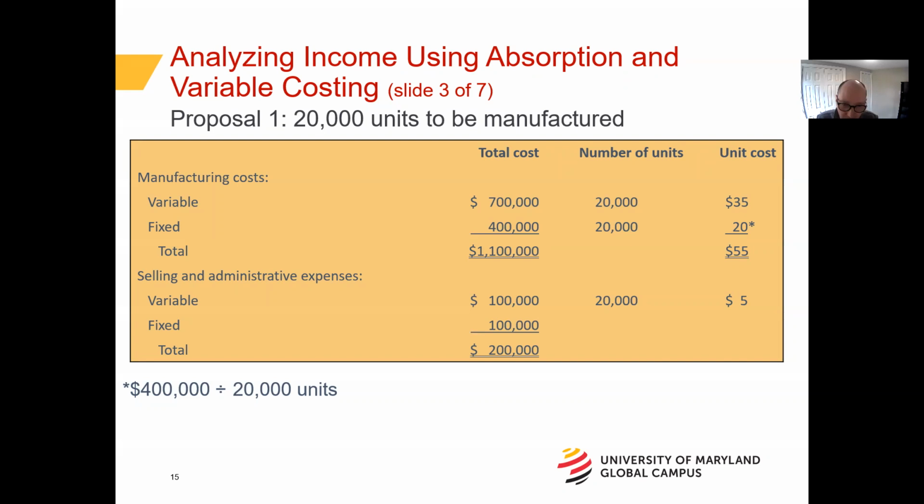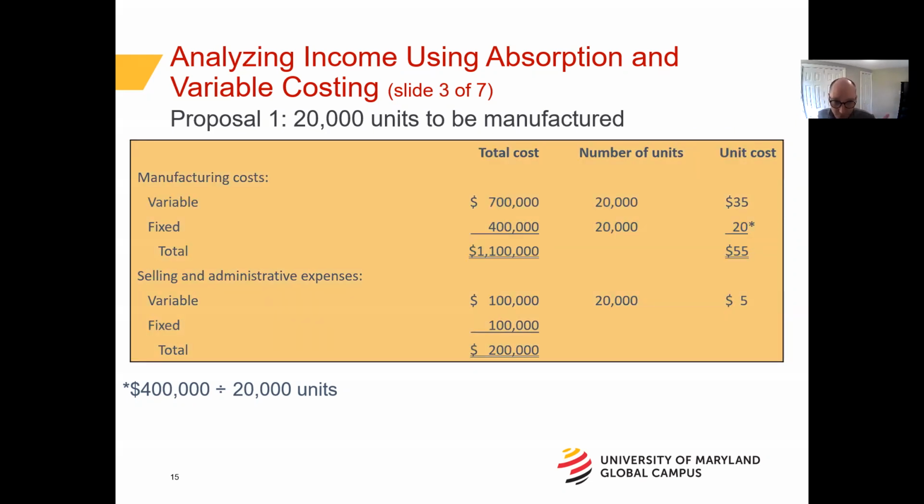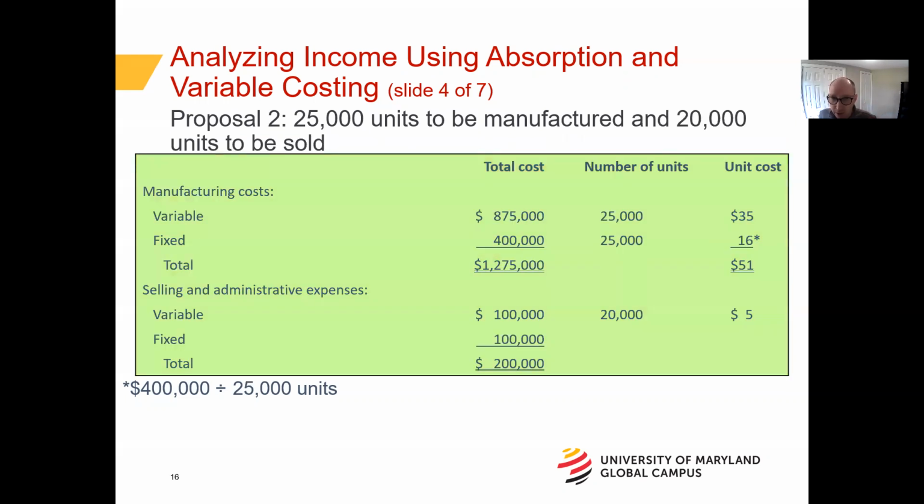Variable plus fixed, $200,000 total selling administrative expenses. Okay, now that we understand the data, let's analyze it. That's proposal 1. We're going to make and sell 20,000 units. Proposal 2 is we're going to make 25,000 units, but we know we're still only going to sell 20,000.